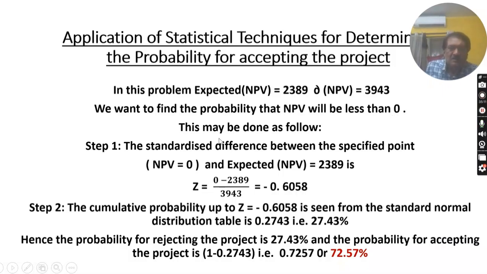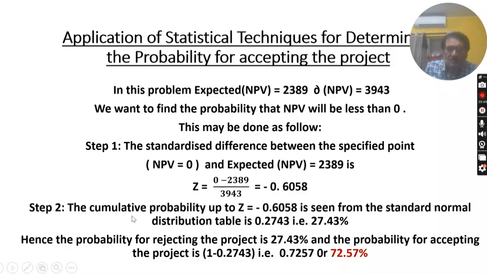What is the probability? This may be calculated in 2 steps. First, what you will do? The standardized difference between the specified value, this is the formula you can check from any statistics book, to find out the Z value. This is 0 minus the average or expected value divided by standard deviation, and the value comes to minus 0.6058.